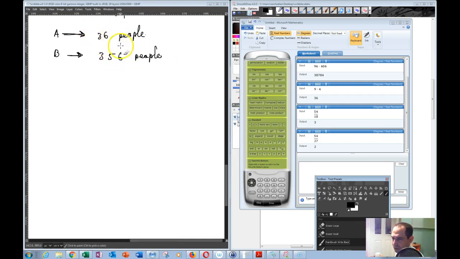You want to find some number that divides 356 and also divides 36. Let's say that you want to find some number x, and this number 36 is divisible by x, and this number 356 is also divisible by x.